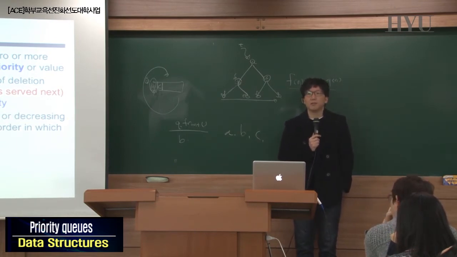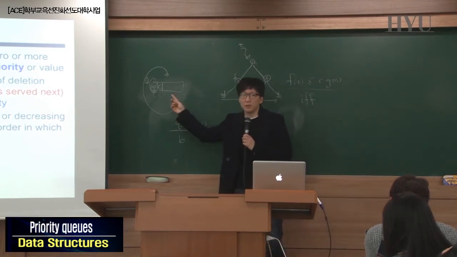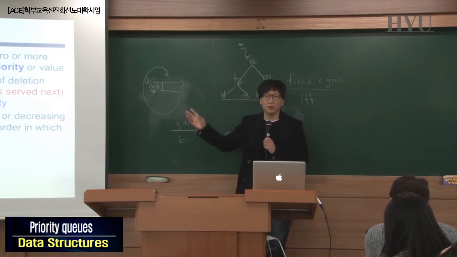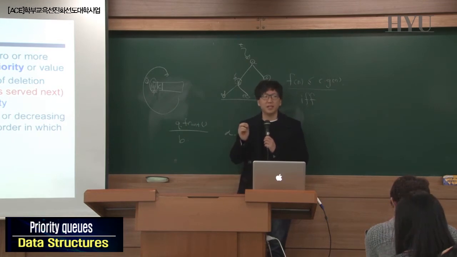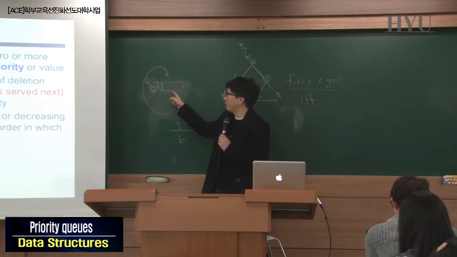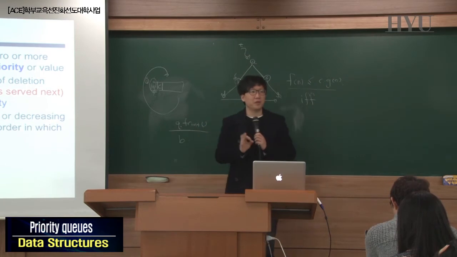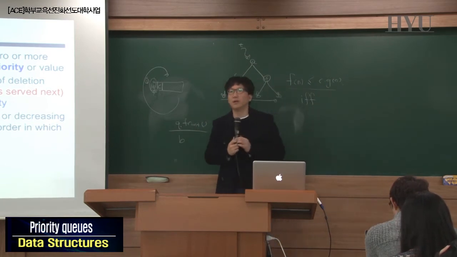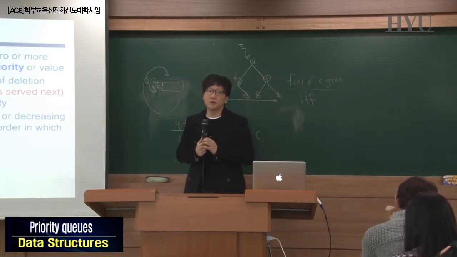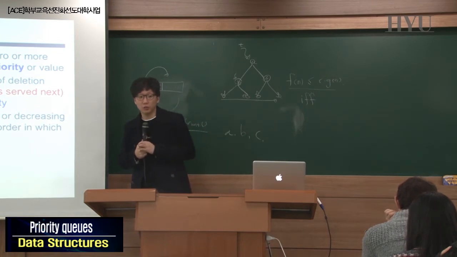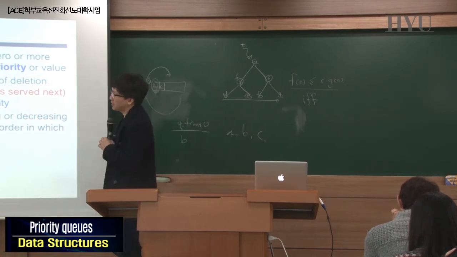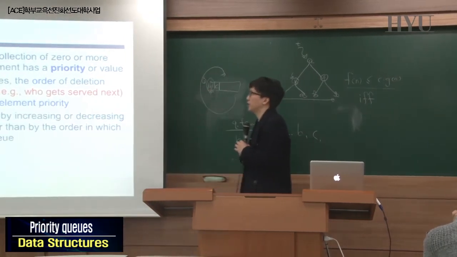Instead of taking out the longest waiting element in the queue, I would probably take out one maybe here first, based on priority. So it's another way of taking out the elements from the queue. That's the very basic idea for priority queues.